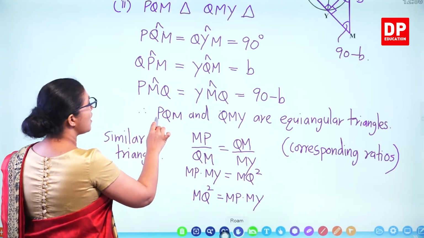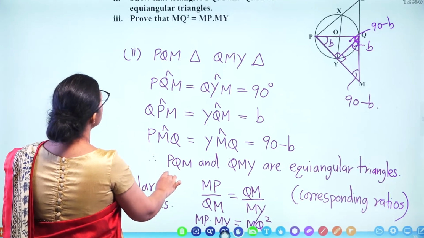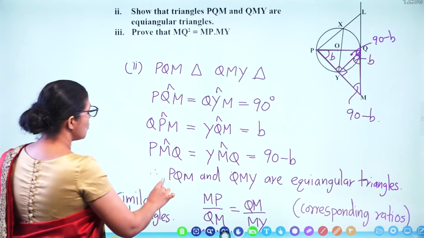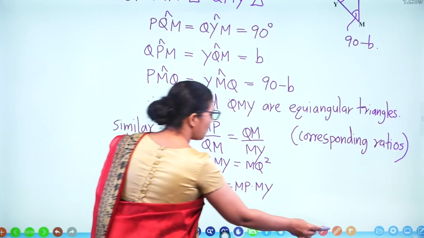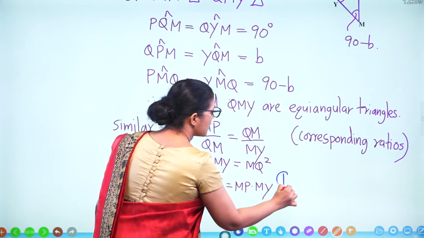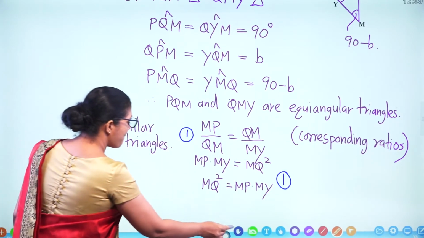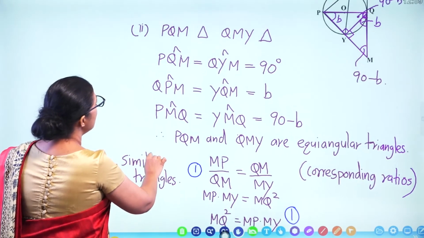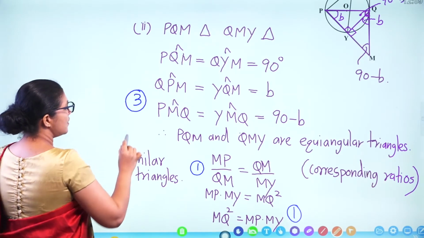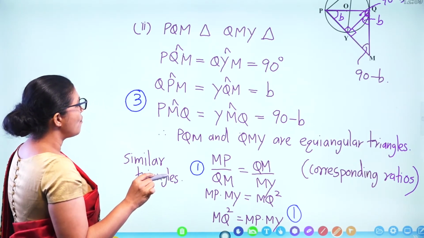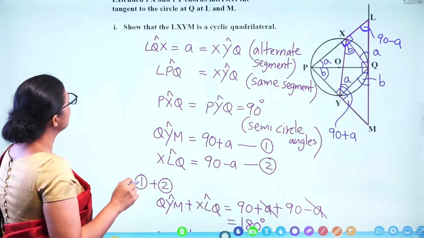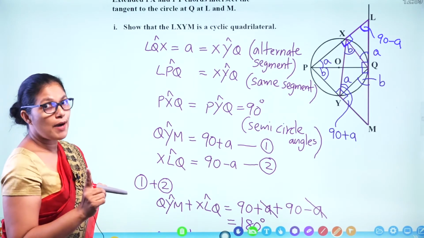Now we'll try to give marks now. So we have 3 parts altogether. So this part we can give 2 marks. So 1 mark for the ratio and 1 mark. So 2 marks for that. And here equiangular, so we can give 3 marks for that. 3 and 2, 5 marks. And first part, you can give 5 marks for that.